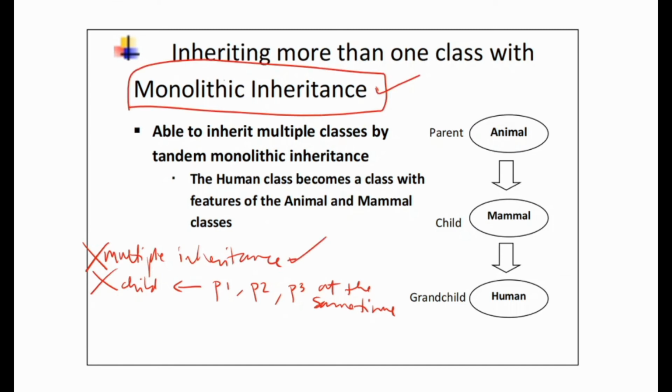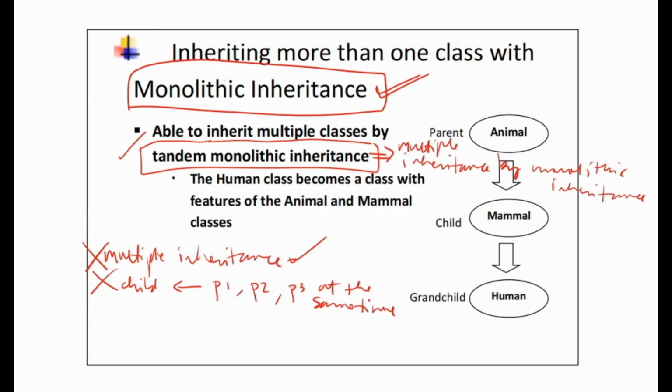We could still allow multiple inheritance, but it is done in a monolithic inheritance way, which means that a child class is able to inherit multiple classes by tandem monolithic inheritance. So this is the term we use for multiple inheritance by monolithic inheritance on separate occasions or at different times, not at the same time.